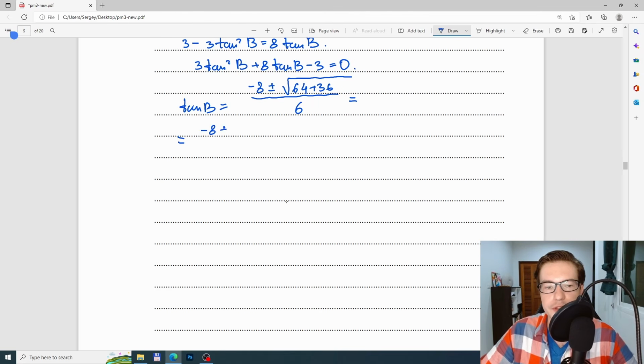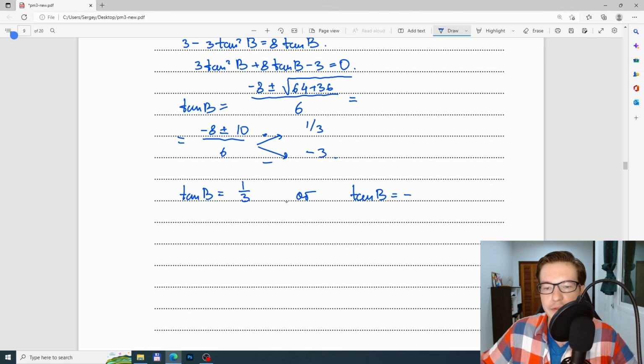Minus 8 plus or minus the square root of 64 plus 36, which is 100, so square root is 10, over 6, plus and minus, and I will get 1 over 3 or negative 3. Okay, so that means tangent b equals either 1 over 3 or tangent b equals negative 3.